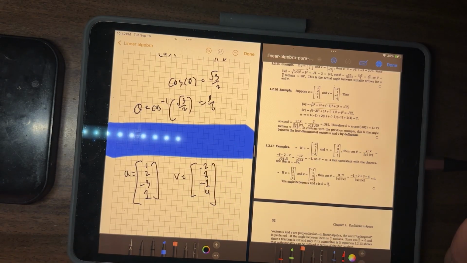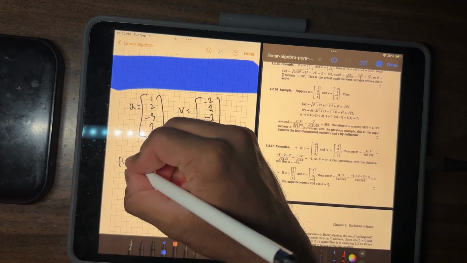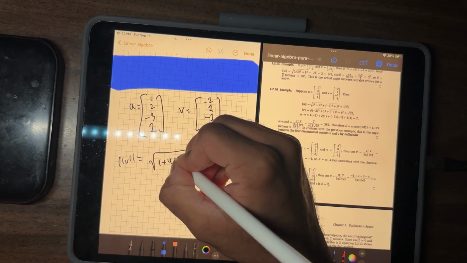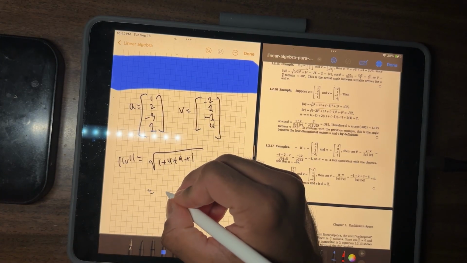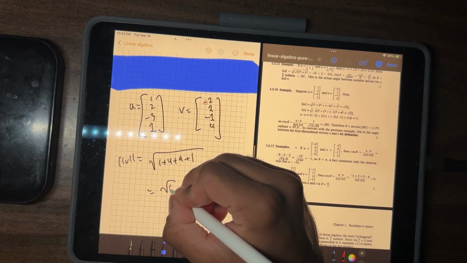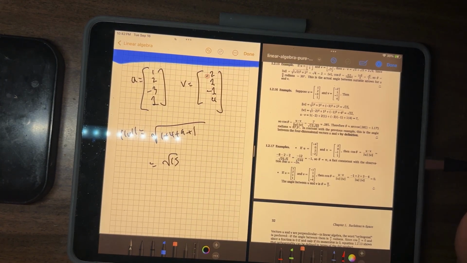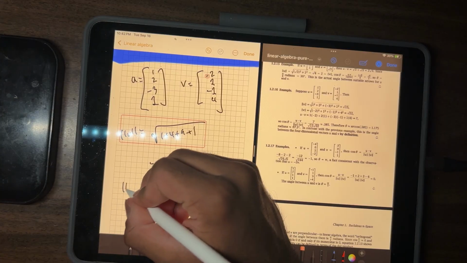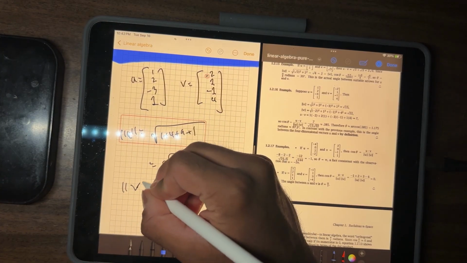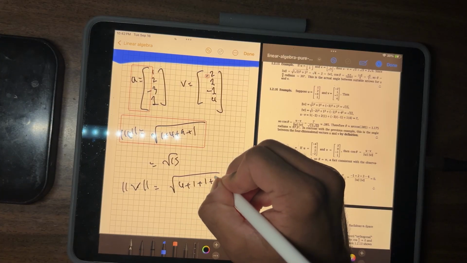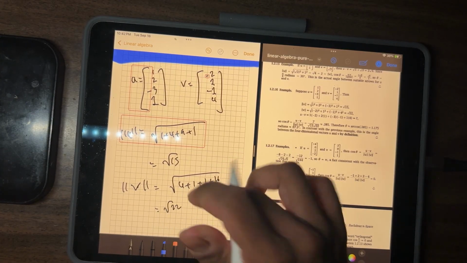And so the magnitude of u would be 1 plus 4 plus 9 plus 1, which is 15, root 15. And so v would be, let's see, that's u there, and this is v here, 4 plus 1 plus 1 plus 16, root 22.